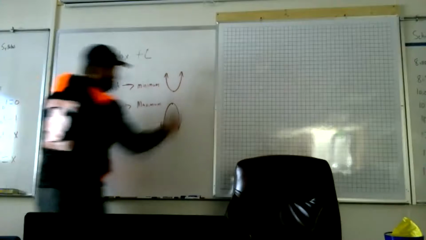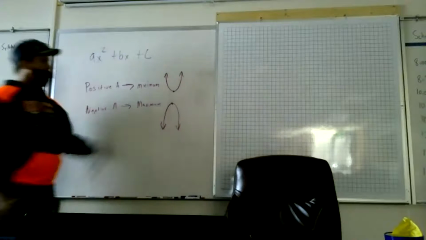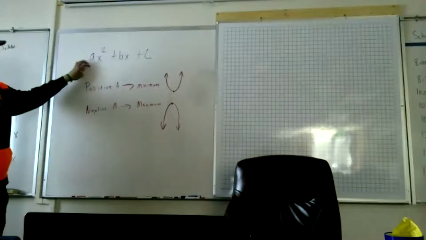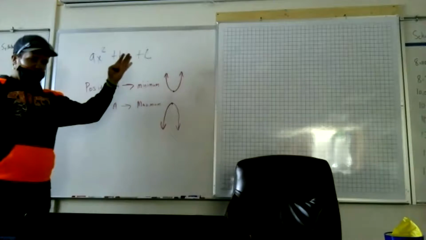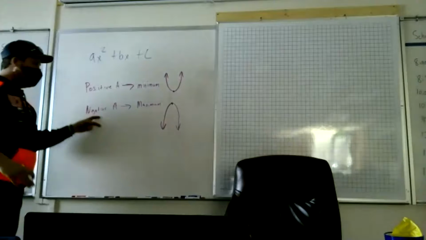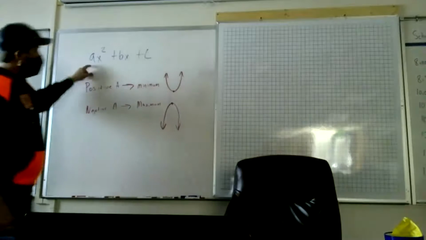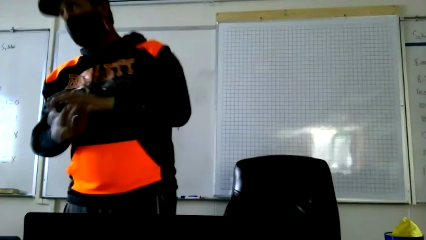So you can see the y value of the vertex will turn into either the minimum value or the maximum value based upon the sign of a. So if it's positive, your parabola is opening up. If it's negative, your parabola is opening down. And that's all from the value of a, in addition to stretching it and compressing it.